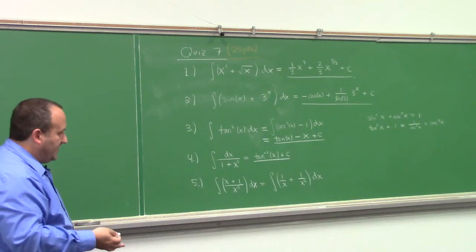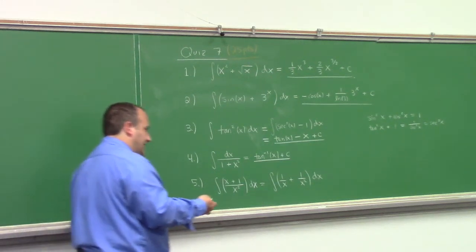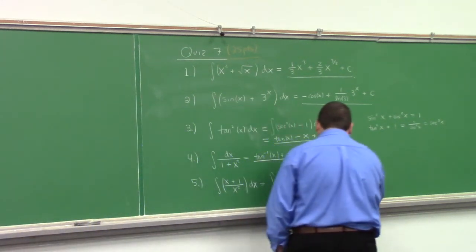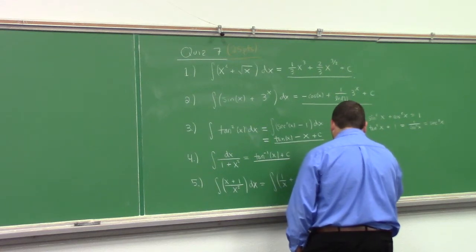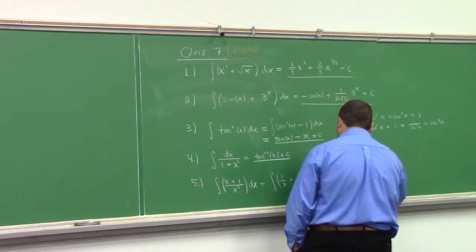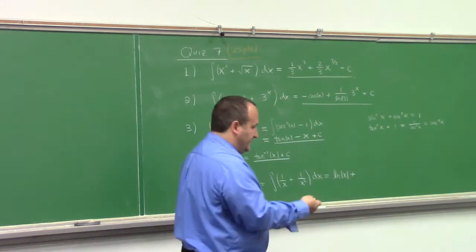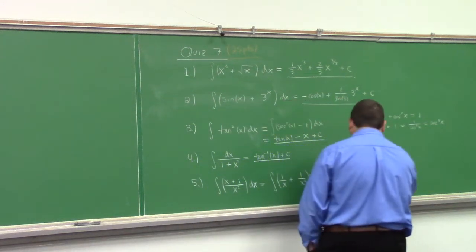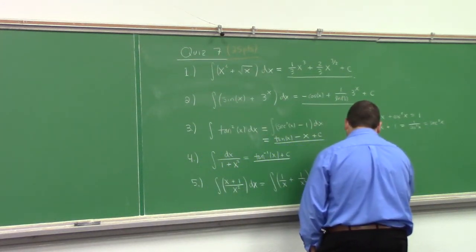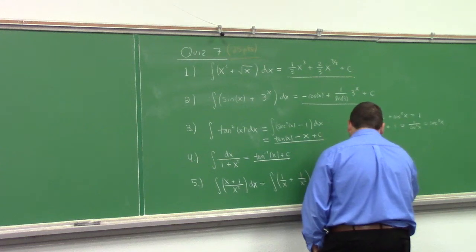Now, the integral of 1 over x is the natural log of the absolute value of x. And the integral of 1 over x squared is minus 1 over x. So I'll put minus 1 over x plus a constant. So there it is.